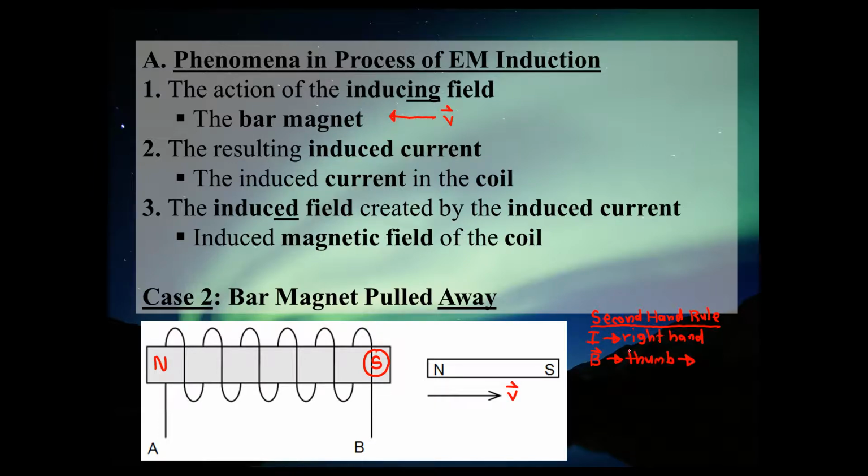In this situation, the north pole is on the left end. That's the direction the magnetic field lines would point in the solenoid. Again, the magnetic field lines need to come out of the north pole. So that's why your thumb would point in that same direction. So that would be towards the left.